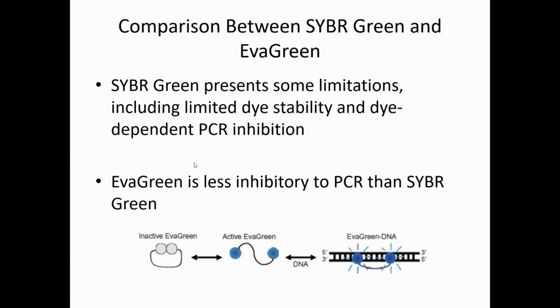And the SYBR Green and the ethidium bromide are very cheap, but they have some limitations. The SYBR Green, for example, has limited dye stability and dye-dependent PCR inhibition.